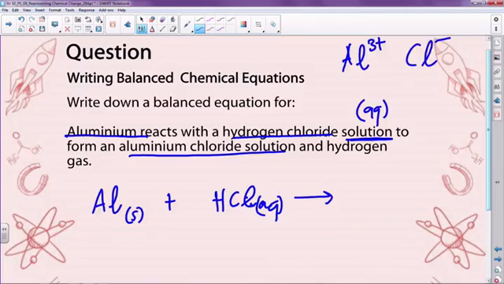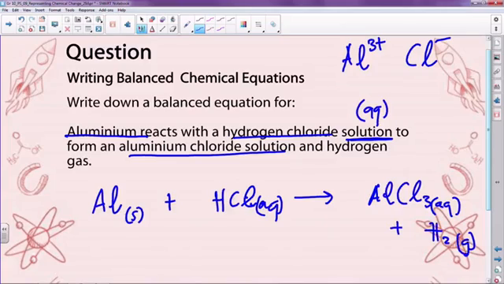So our product that will be formed is AlCl3. This is an aqueous solution, which is formed together with another product, hydrogen gas. And remember, hydrogen is a diatomic element, so it's a molecule of an element.